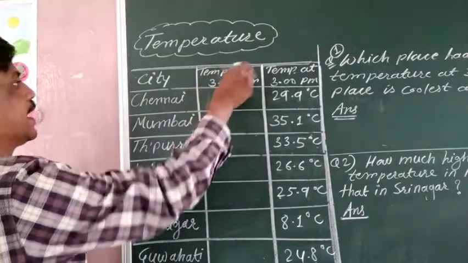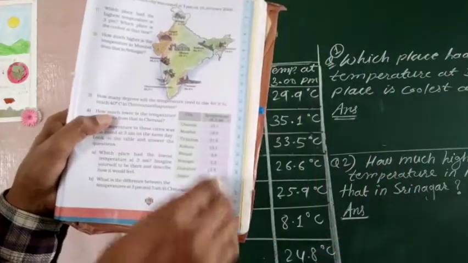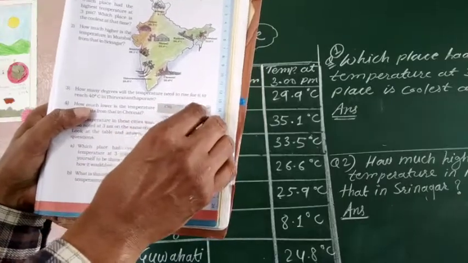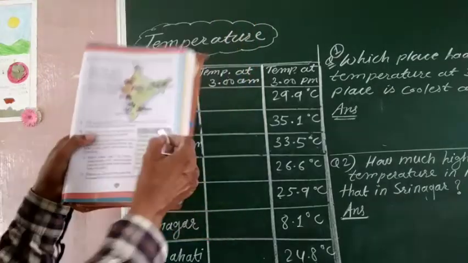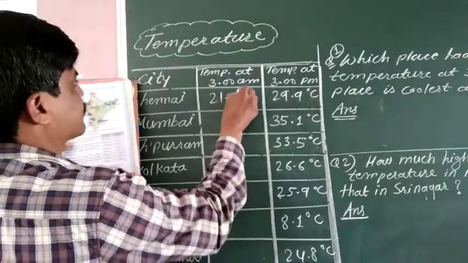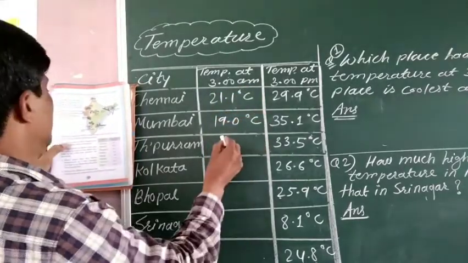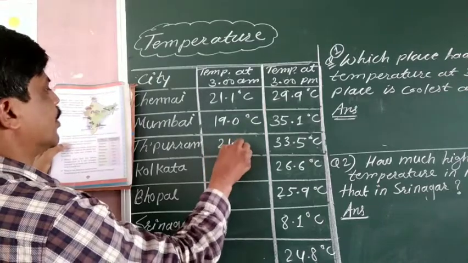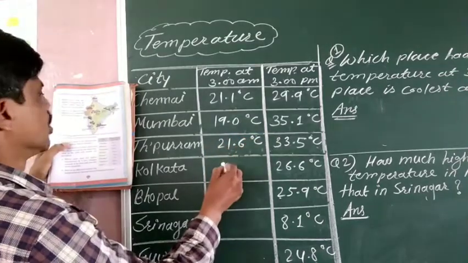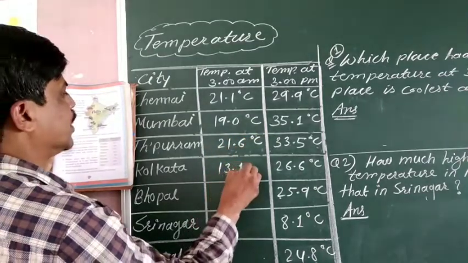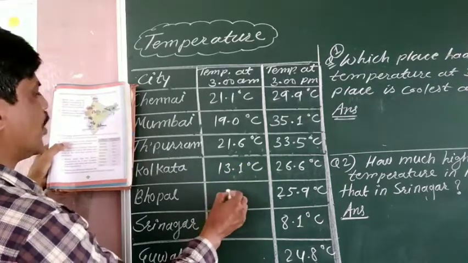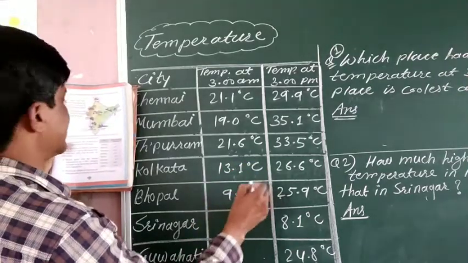It is the temperature at 3 AM. To see, here one chart is given, and from this chart we have to notice the temperature which was recorded at 3 AM. So Chennai it is 21.1. Then Mumbai it is 19.0 degrees Celsius. Then Thiruvananthapuram it is 21.6 degrees Celsius. Kolkata it is 13.1 degrees Celsius, and Bhopal it is 9.8 degrees Celsius.